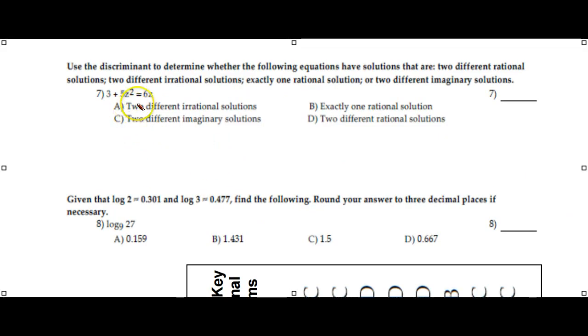Now, in an earlier lesson, we had mentioned this. When they ask a question like this, they want to know, what does your discriminant come out to be? B squared minus 4AC.